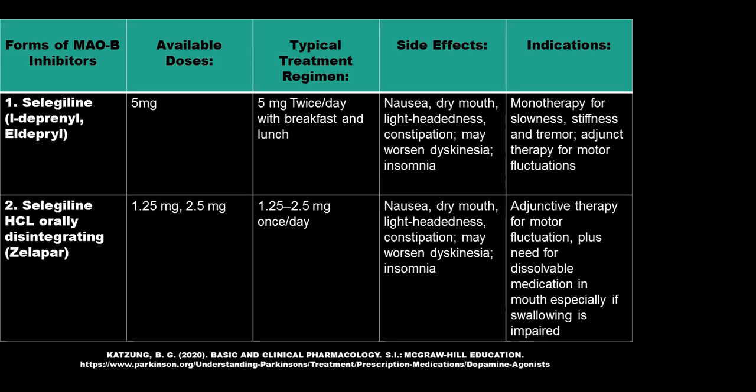Aside from being a MAO inhibitor, another proposed mechanism is its neuroprotective effect that prevents the progression of Parkinson's disease through an increase in the production of neurotrophins that protect neurons from the inflammatory process. Side effects include nausea and constipation, and it may worsen insomnia. The side effects of the two are also the same. Next, please.